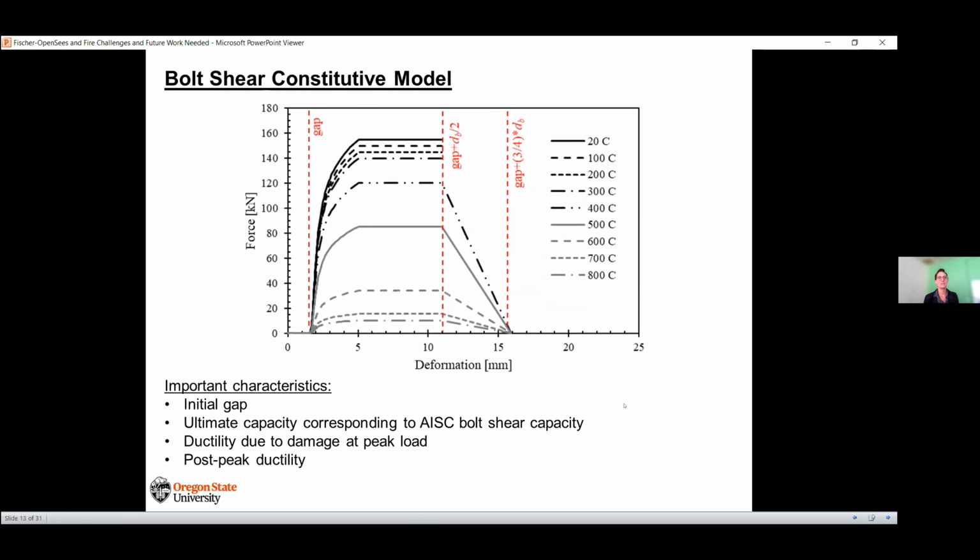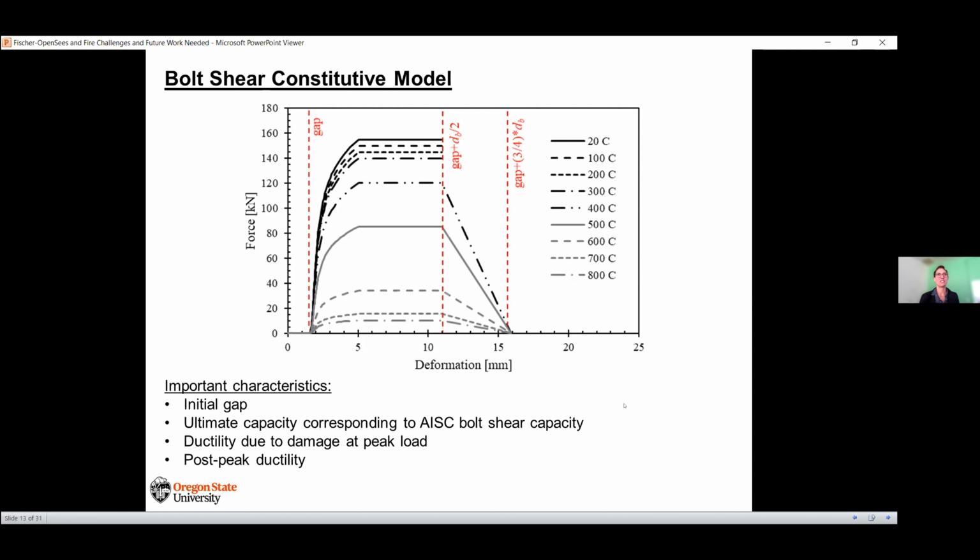So when it comes to bolt shear, traditionally what has been assumed in these component models is that the bolt shear fracture is the same regardless of the temperature. But what actually happens is that bolt shear fracture is really brittle at ambient temperature, in non-fire conditions. I think we all know that in this room. But at elevated temperatures it actually becomes quite ductile.